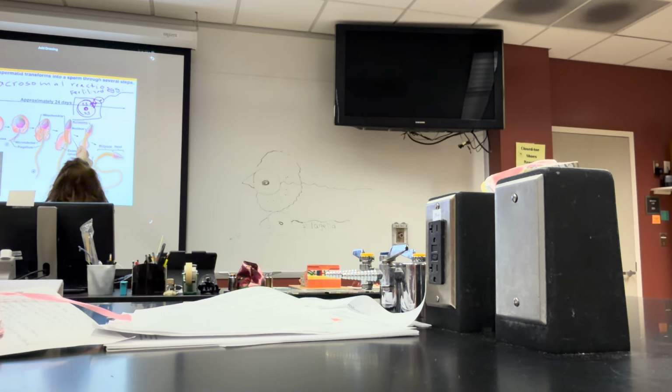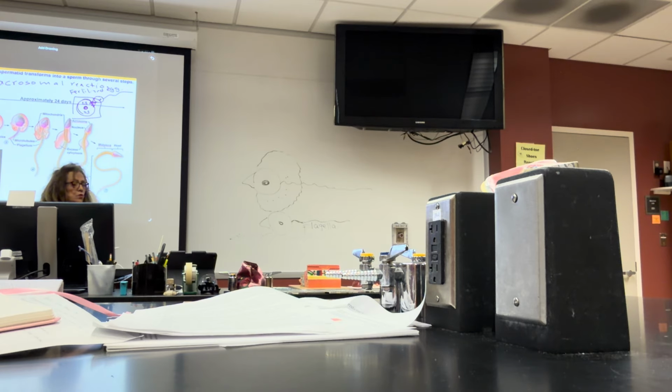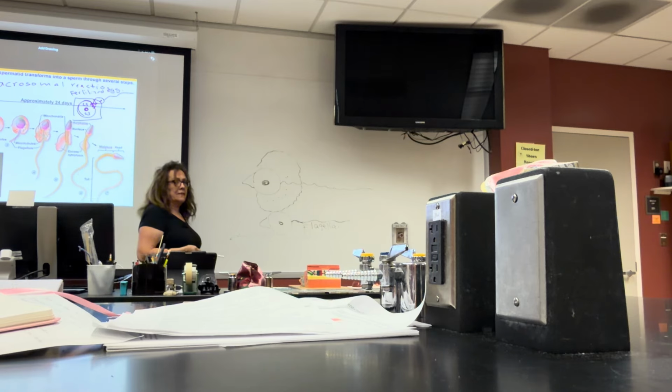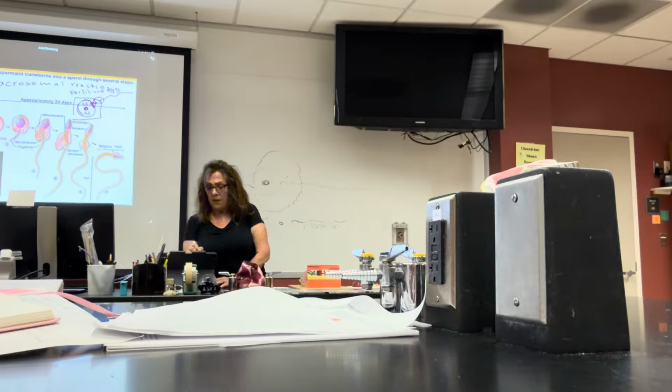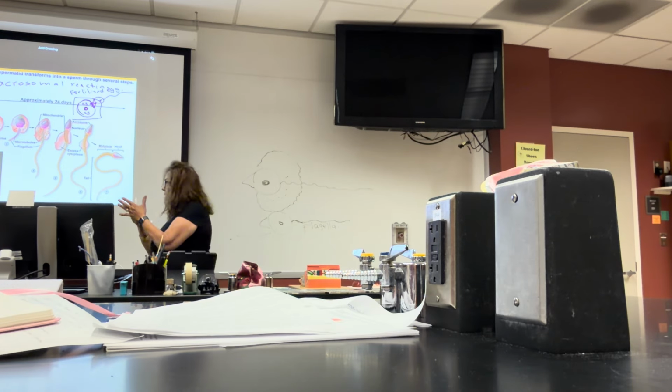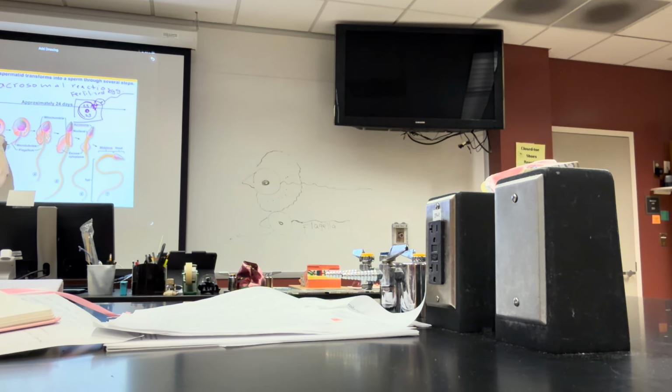So in the head of the sperm, there is a vesicle called the acrosome, and this acrosome contains hydrolytic enzyme. This hydrolytic enzyme degrades a protein around the oocyte that is called the zona pellucida.